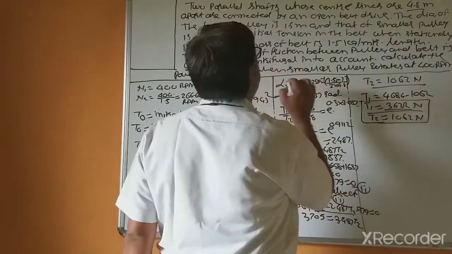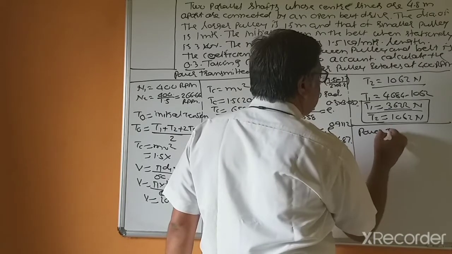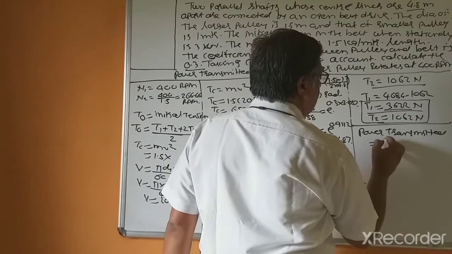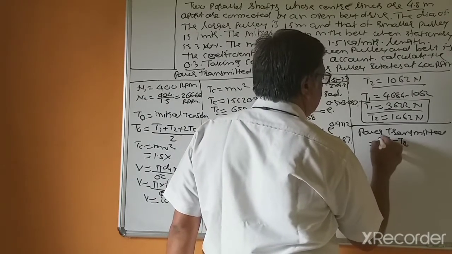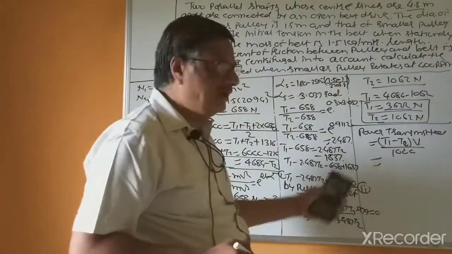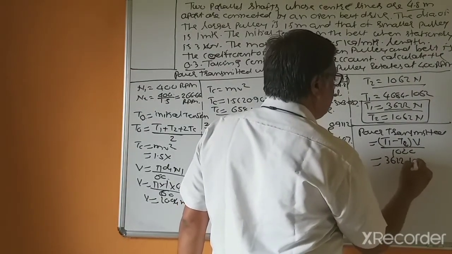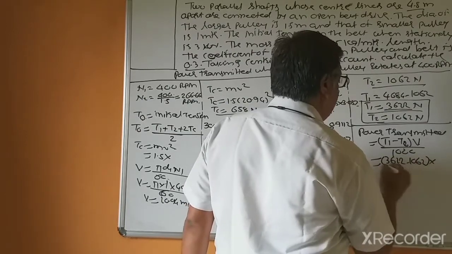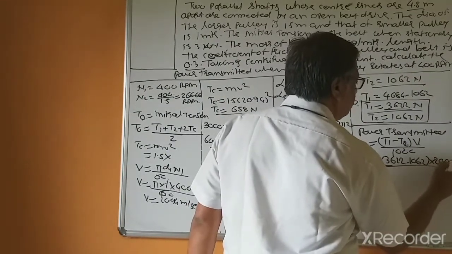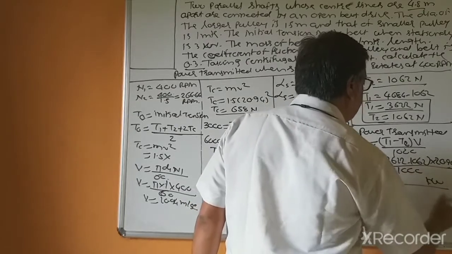Now what is to be calculated? Calculate the power transmitted. So power transmitted equal to, what is the formula? (T1 minus T2) into V divided by 1000. So you will get this in terms of kilowatt. So (3622 minus 1062) multiplied by V equal to 20.94, divided by 1000, and you will get it in terms of kilowatt.